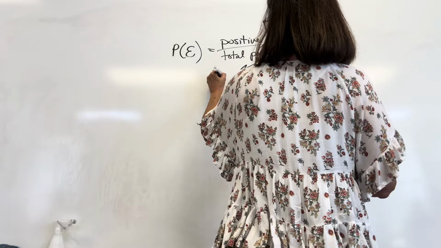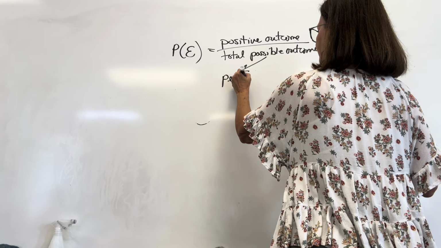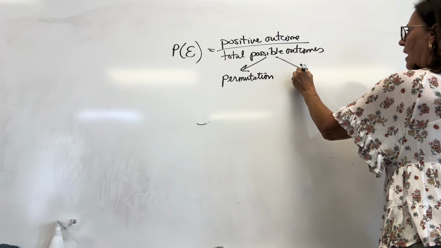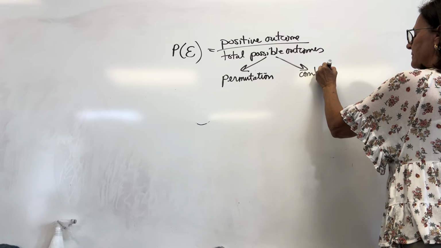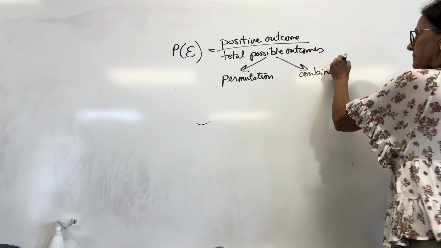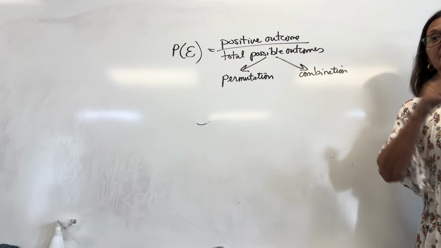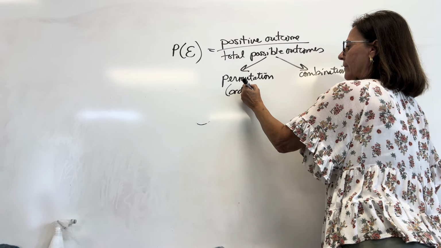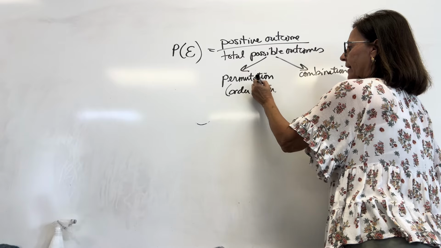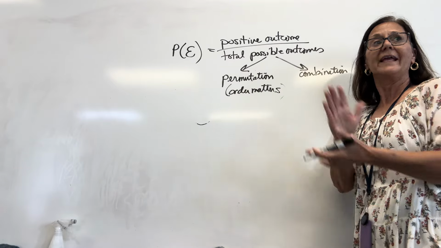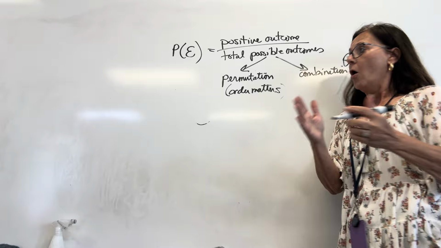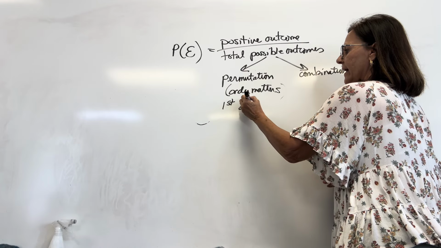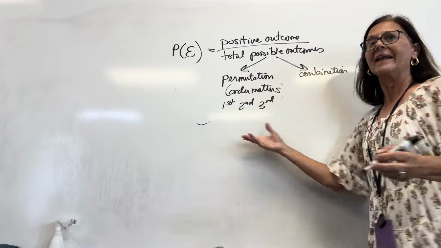One was either a permutation or a combination. What's the difference? For a permutation, order matters. For a combination, it doesn't. Either the problem says order matters, or I want somebody first, second, third, like a batting order on a team.